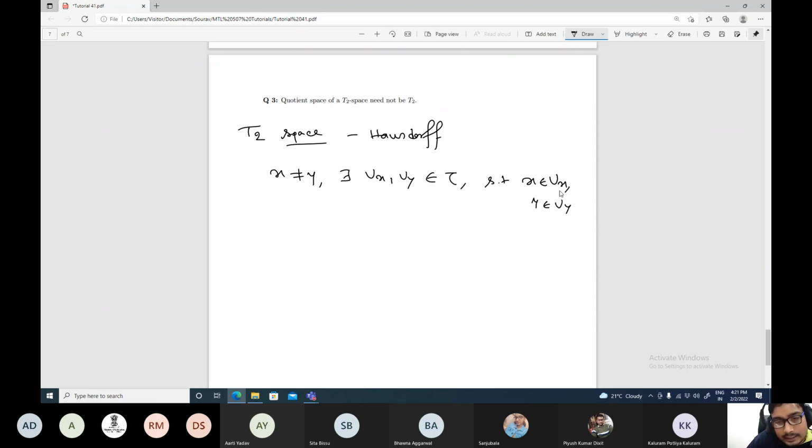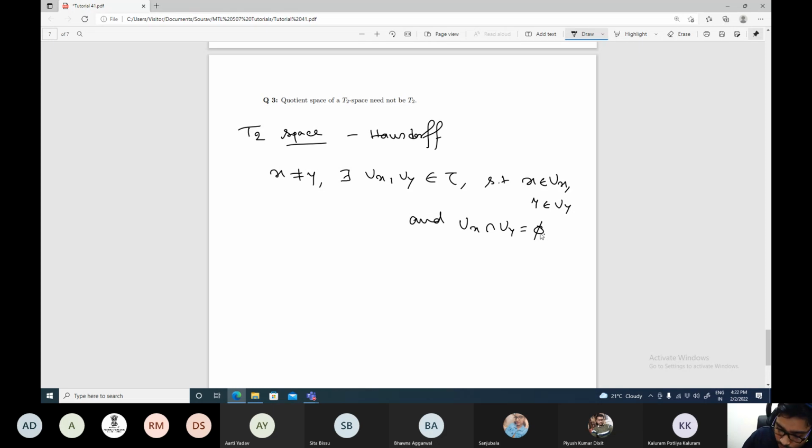Okay, though you are saying Ux and Uy, it is always better to mention that x belongs to Ux, y belongs to Uy. Actually we are giving an index here, but it's always better to write this, and Ux intersection Uy is equal to empty.